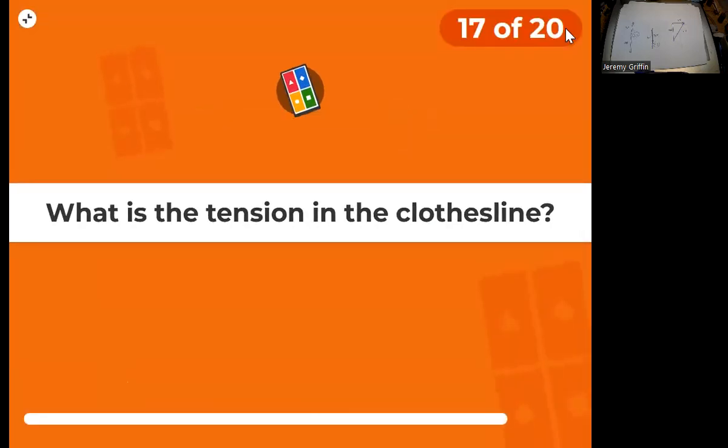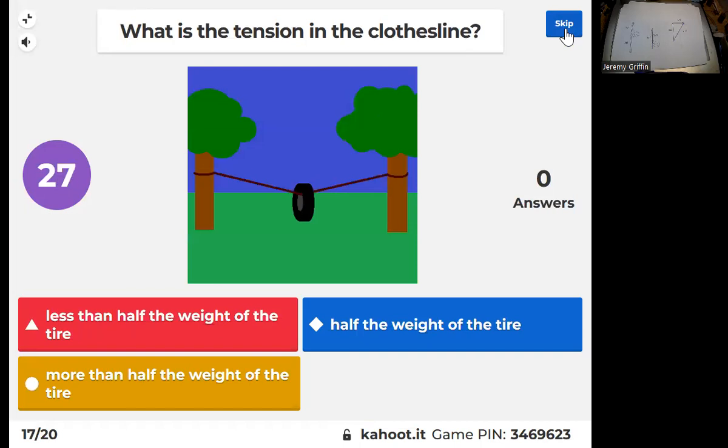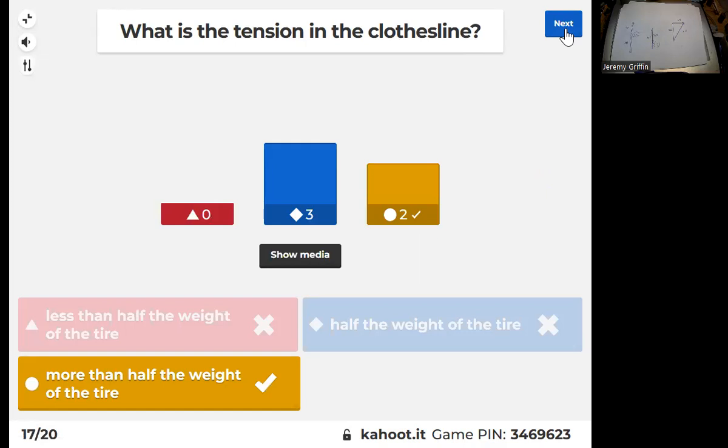What is the tension in the clothesline? All right, so this one's a little tricky, but I'll show you guys why it has to be more than half the weight of the tire.